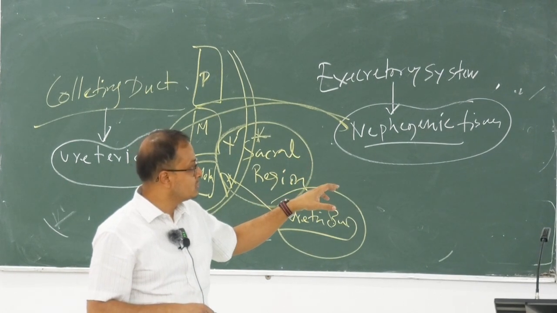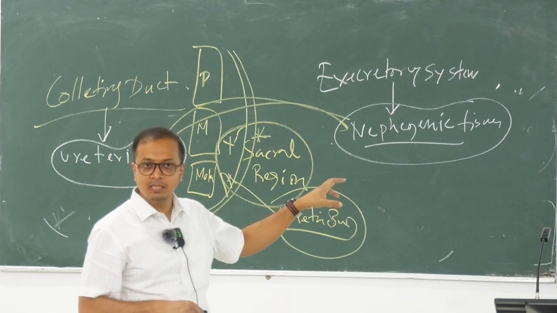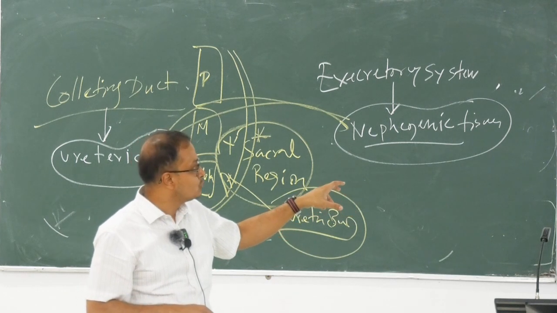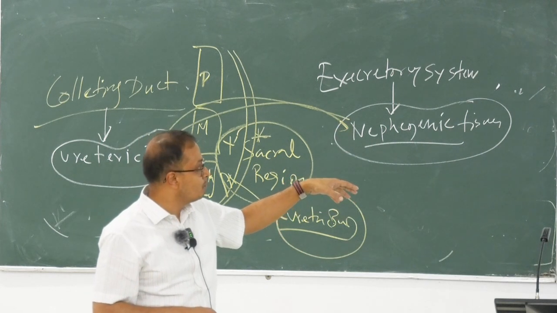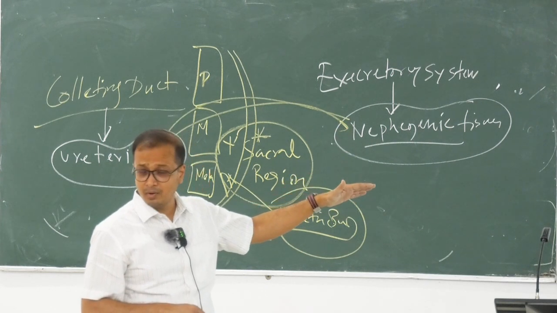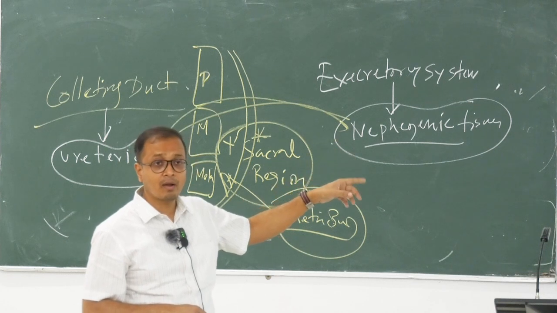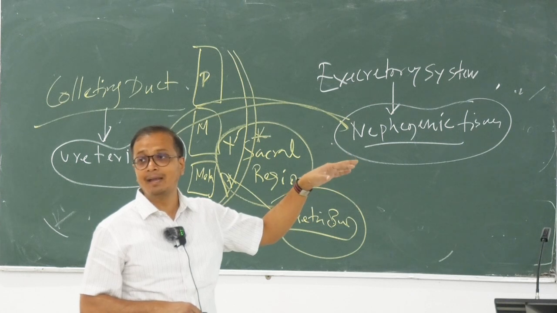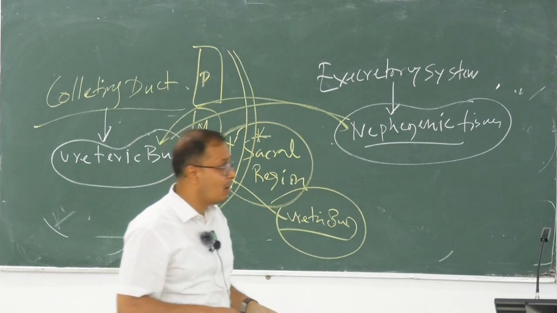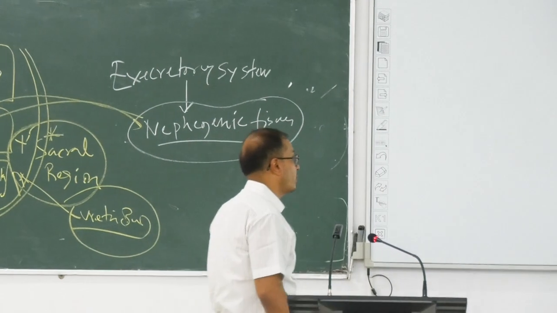So this kidney, which was initially developed in the sacral region, has to move up during development. This movement of the kidney from the sacral region to under the diaphragm, where it finally sits, we call the ascent of the kidney.